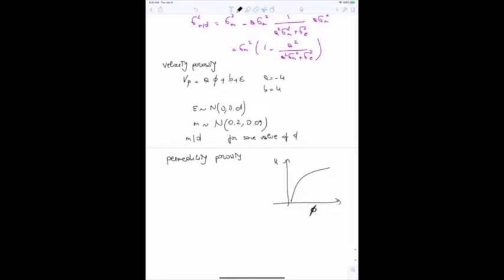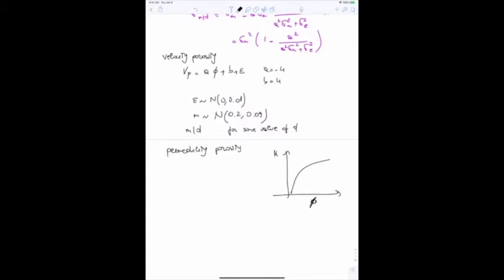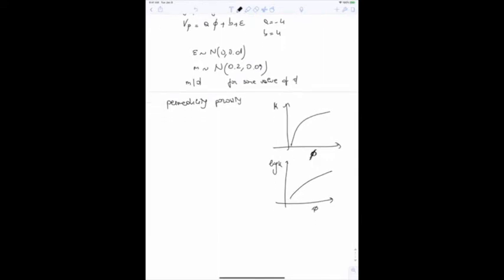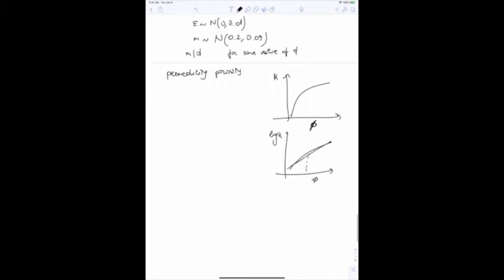Now, to make it more linear, one potential approach is to work with the logarithm. And then you still have to take the Taylor approximation, like at the midpoint, for example, and you get a linear model.